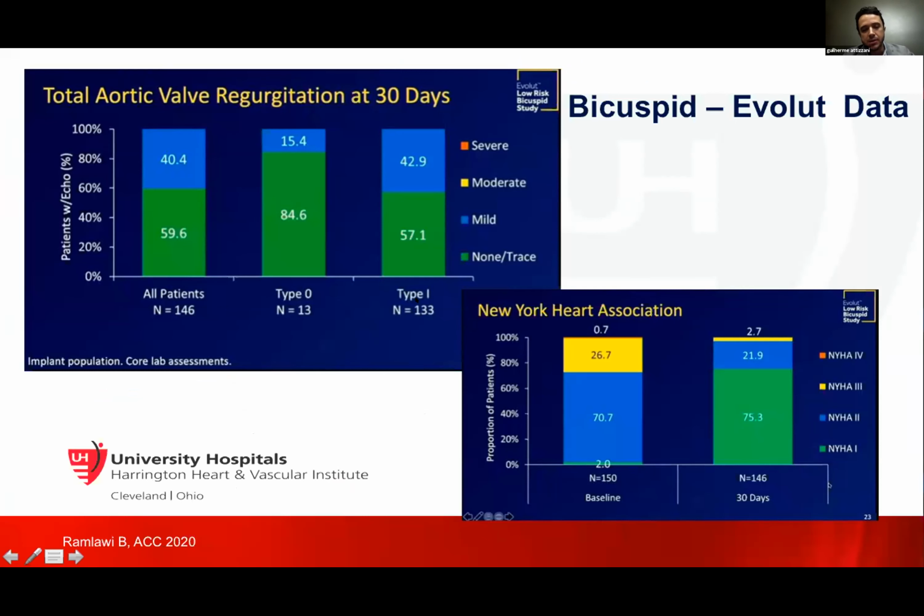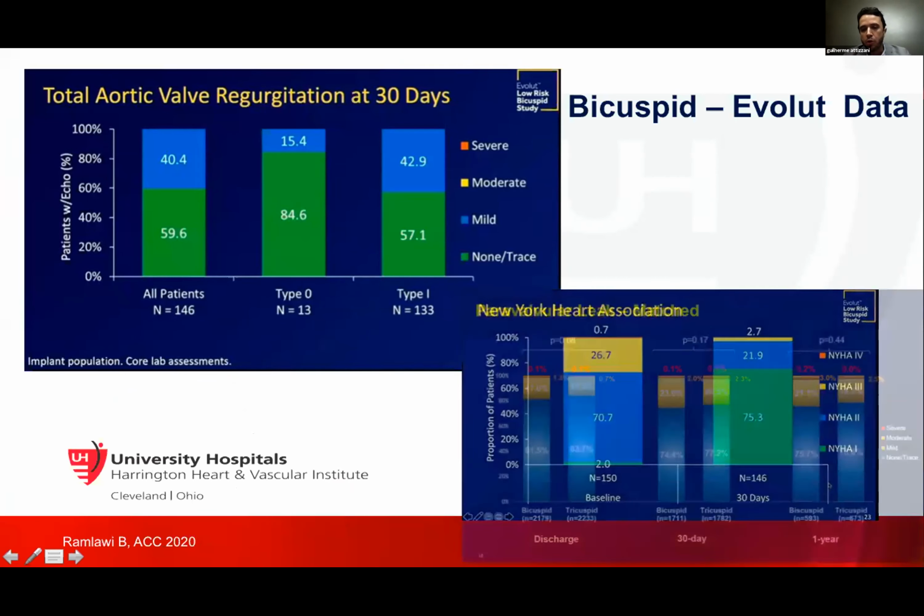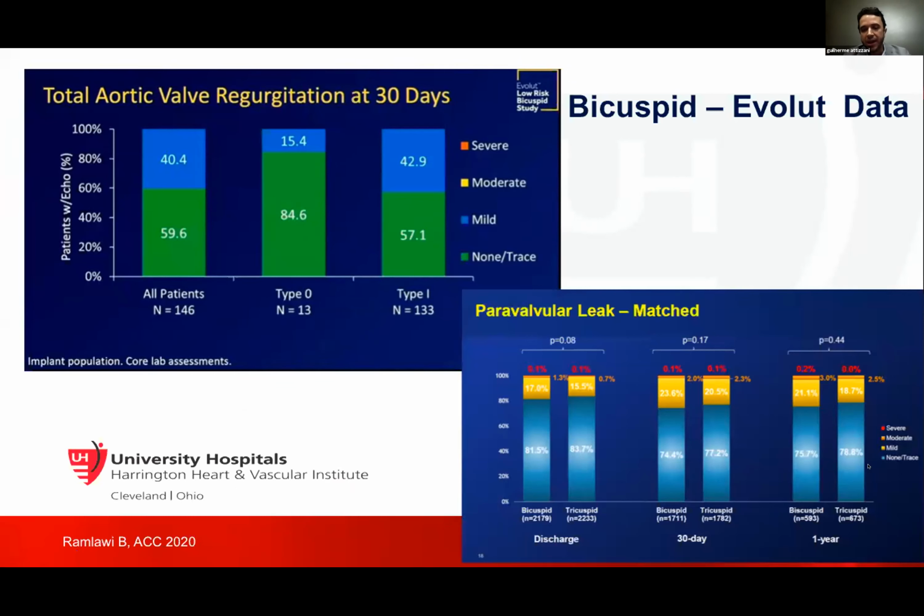This is not randomized data, but it's showing promising low rates of aortic regurgitation, improvement in New York Heart Association class, and low rates of paravalvular leak with the Evolut technology. As you can see, almost 75% none-to-trace paravalvular leak. So that's pretty remarkable considering the more adverse anatomy of bicuspid valves.